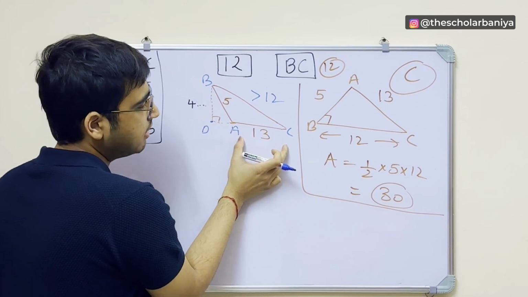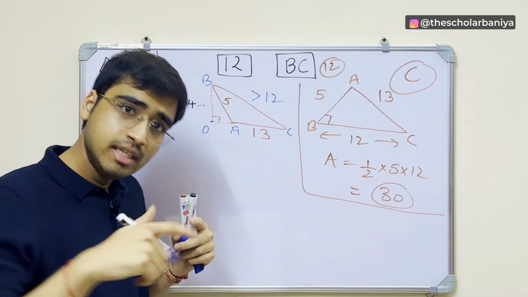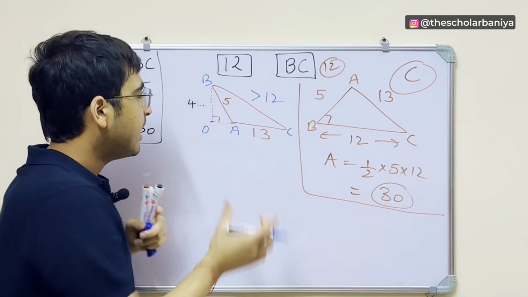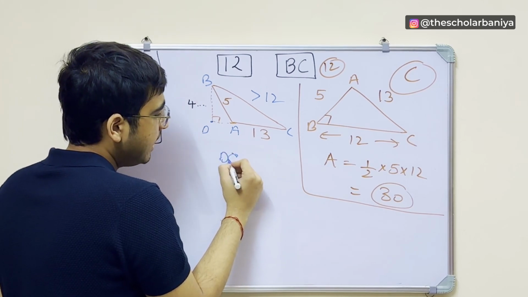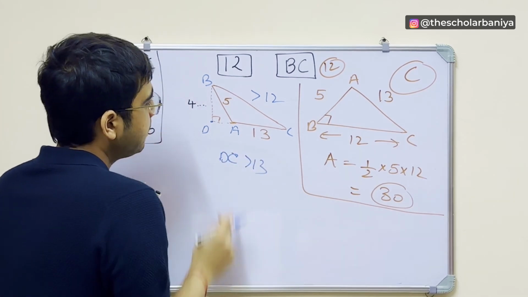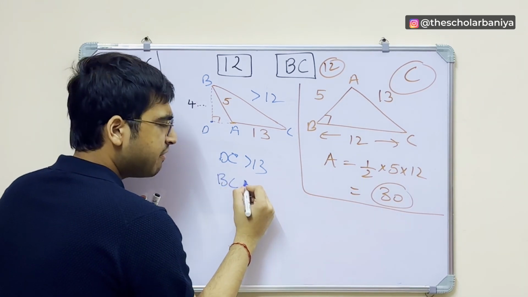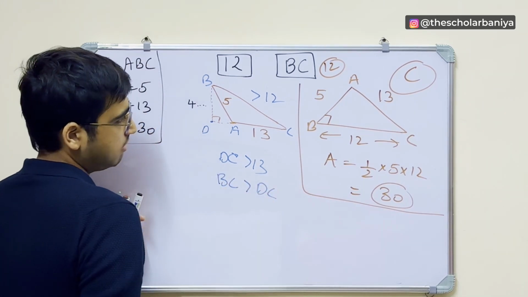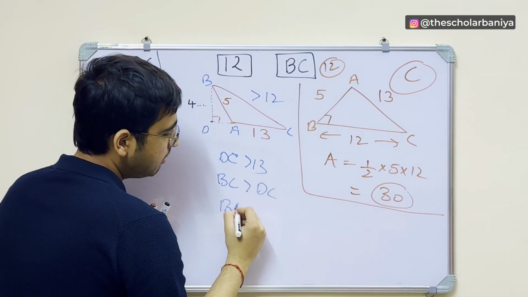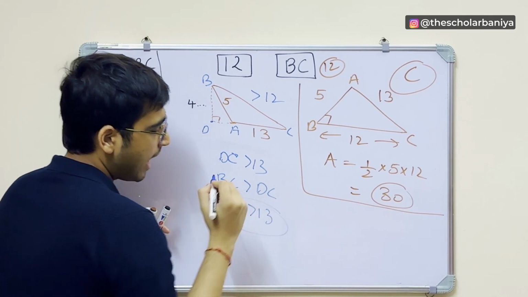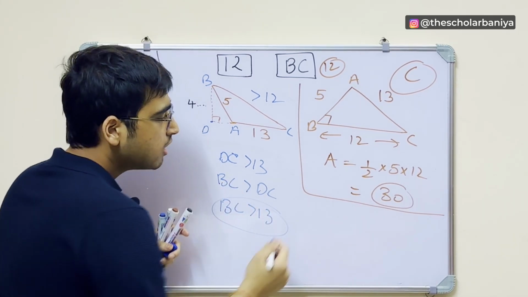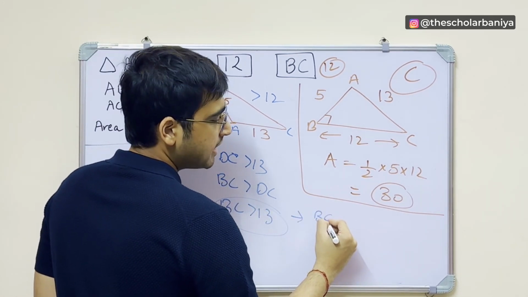So if AC is 13, DC will be even greater than 13, right? And BC is the hypotenuse, so BC will definitely be greater than DC, right? So that means BC will be greater than 13. And if BC is greater than 13, obviously BC will be greater than 12.